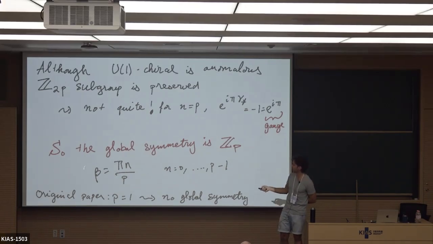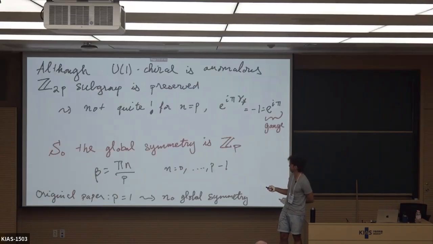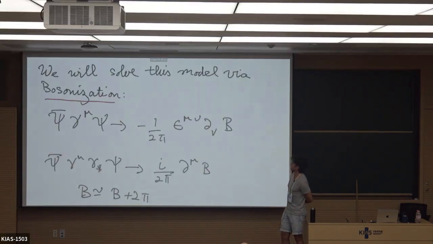However, for these discrete chiral rotations, the symmetry is non-anomalous. So this theory has a Zp global symmetry. And if p is 1, which is the model that Schwinger studied, there's no global symmetry, just the chiral symmetry, which is fully broken by the anomaly. Okay? So we're going to study this model.